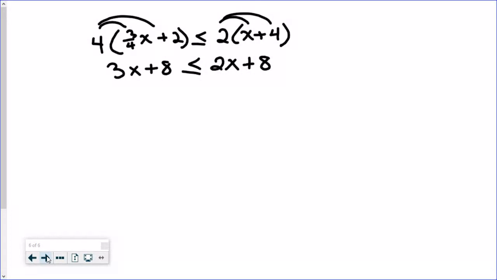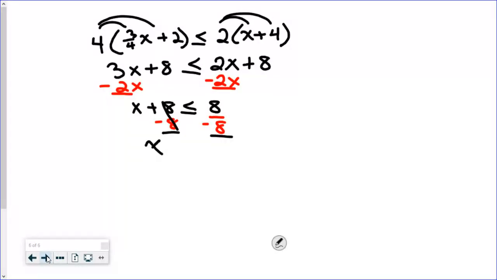Okay. Now, minus the smaller x. Oh, that's going to end up really nice. x plus 8 is less than or equal to 8. Minus 8. Okay. So x is less than or equal to 0. And 0 is a number, so you're good to go.